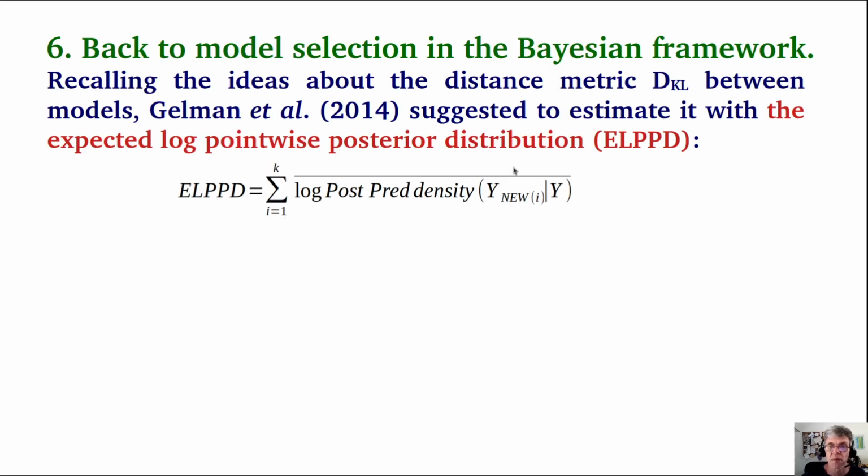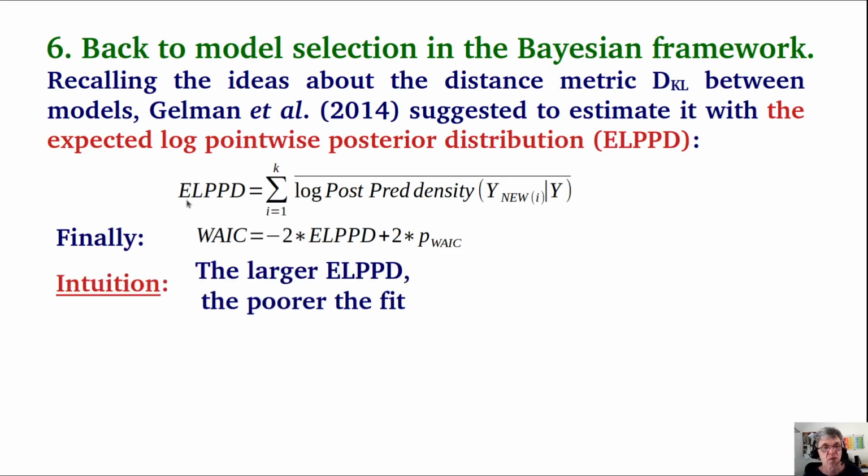We sum them up given the current data. And so the WAIC is operationally defined as this expected log pointwise posterior predictive density plus 2 times pWAIC, which is the effective number of parameters. So the larger this value, the poorer the fit.